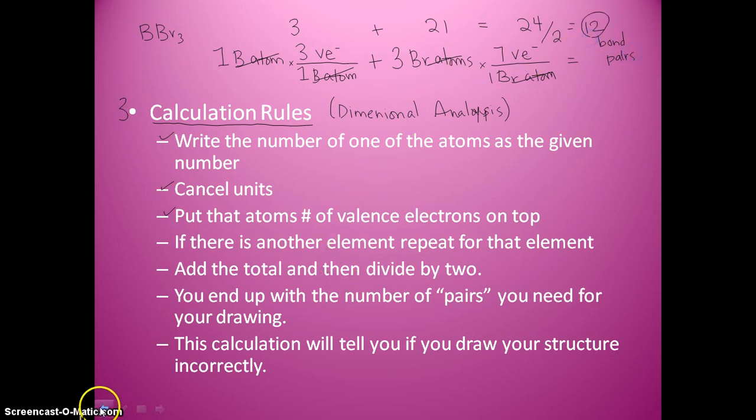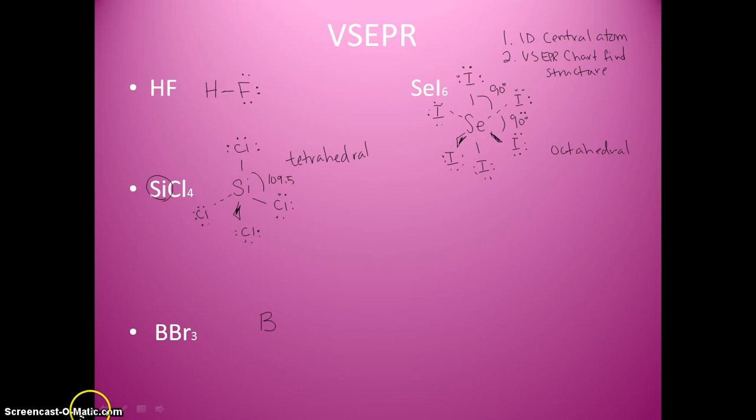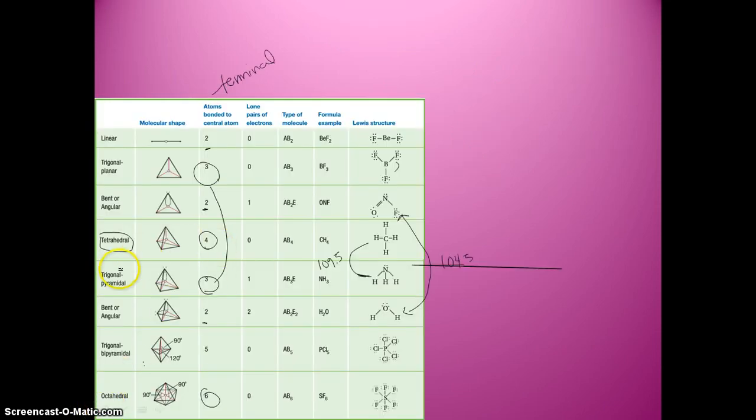If it is a trigonal pyramidal, it will have 1, 2, 3, 4, 5, 6, 7, 8, 9, 10, 11, 12, 13. Okay, if these aren't hydrogen, if these were boron or something else.